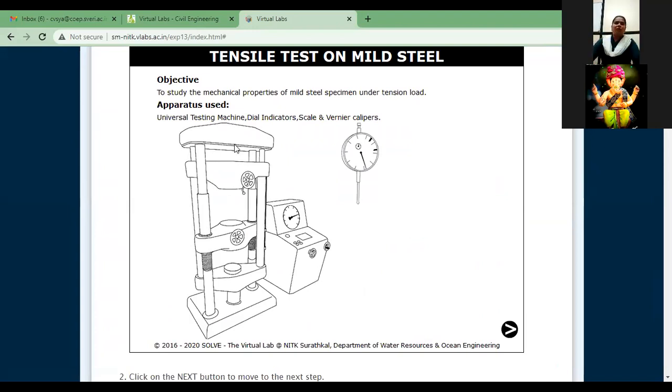Okay. So this is the universal testing machine. On that machine, we are going to perform our tensile test. In that, there are basically two units. This is the first unit, the whole assembly.